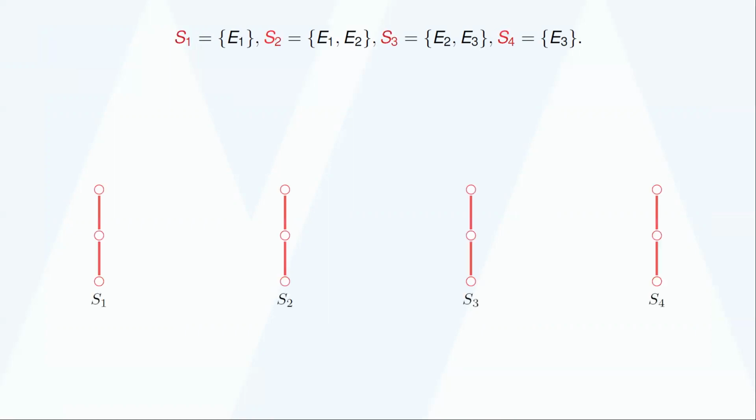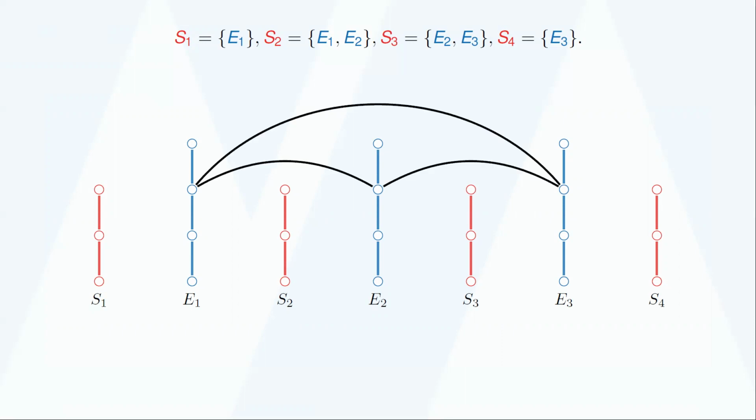And for every set, you will create a path of three vertices, like this. And for every element, you create a path of four vertices. And now, for the second vertex of the blue path, the element path, you will connect them all together.